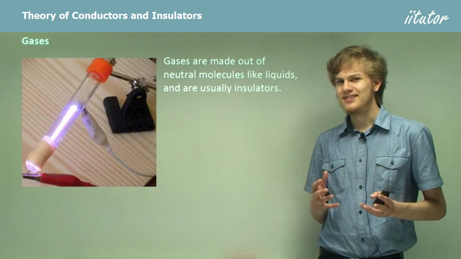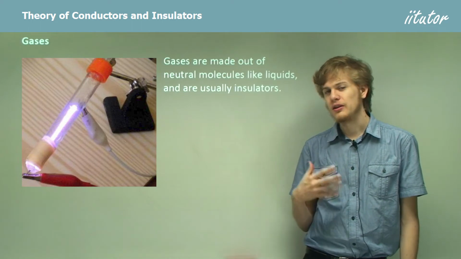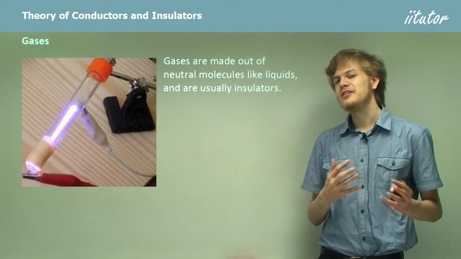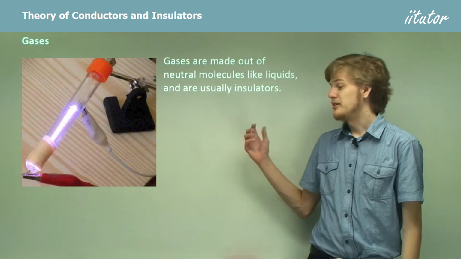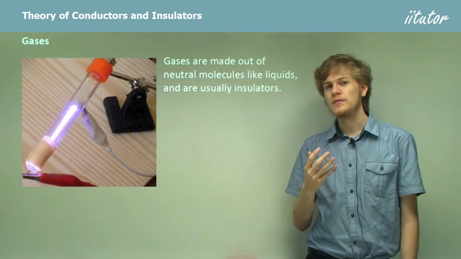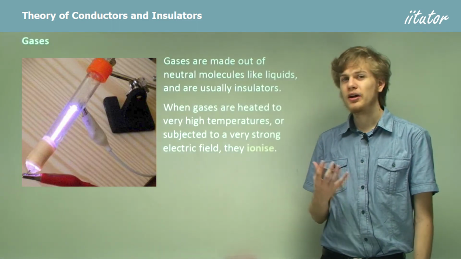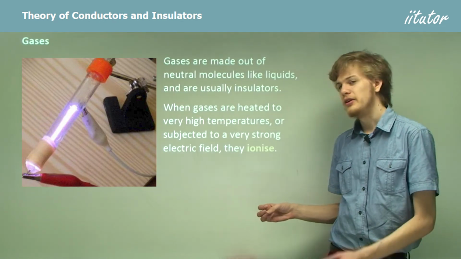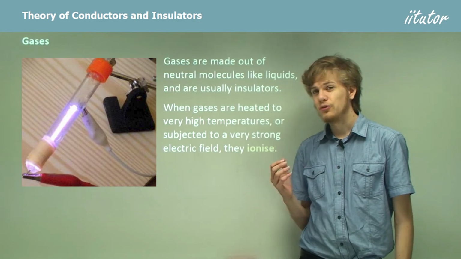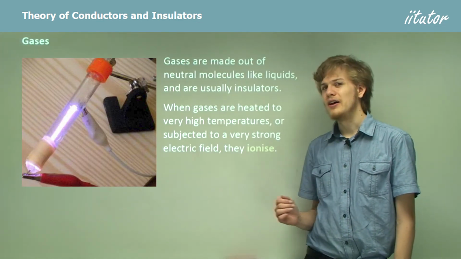Let's look at gases next. Now, gases are made out of neutral molecules, much like liquids. And unlike liquids, there is no such thing as a gaseous metal, at least at room temperature. Anyway, the neutral molecules are insulators because they don't have electric charge, right? But when gases are heated to extremely high temperatures, that is the thousands of degrees Celsius, or if they're subjected to a very strong electric field, thousands of volts, then they will ionize.